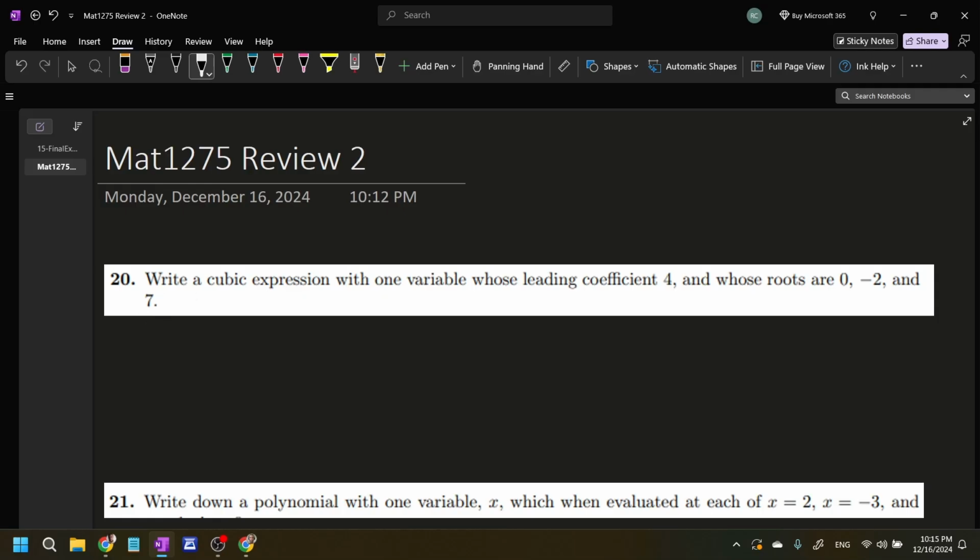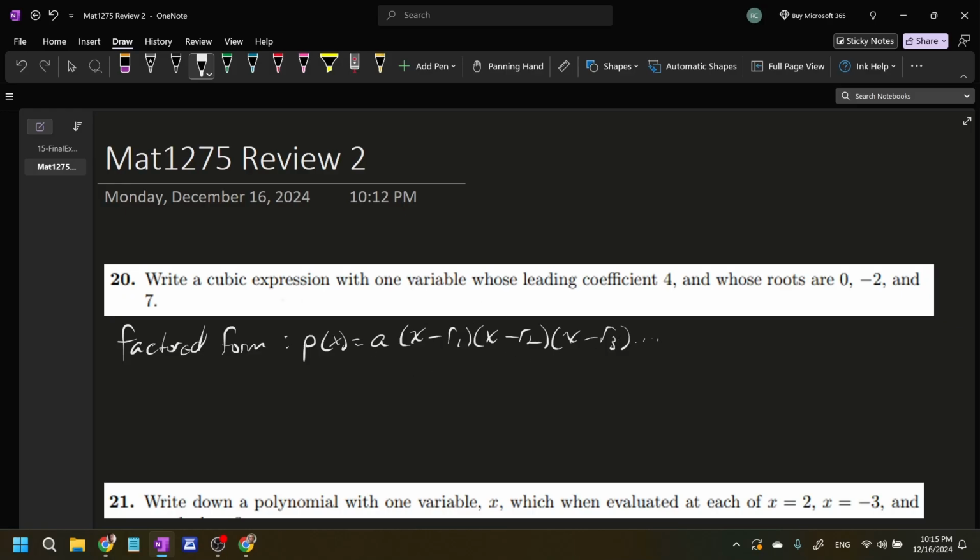So, question number 20 says, write a cubic expression with one variable whose leading coefficient is 4 and whose roots are 0, -2, and 7. This is going to be real easy if you remember the factored form of a polynomial: p of x is our leading coefficient a times x minus root 1 times x minus root 2 times x minus root 3, and this keeps going for as many roots as you have.